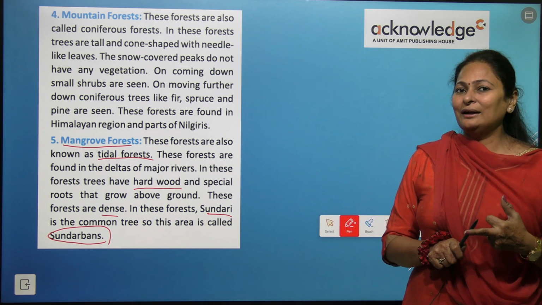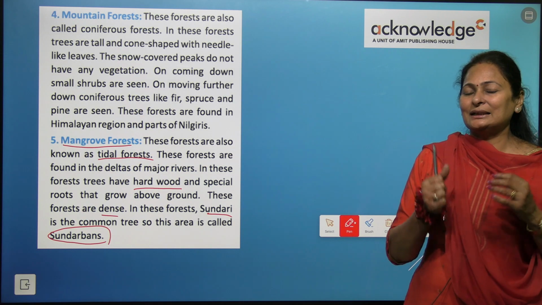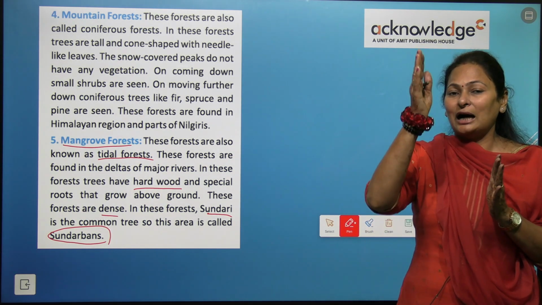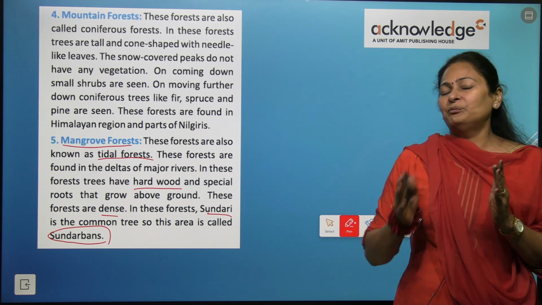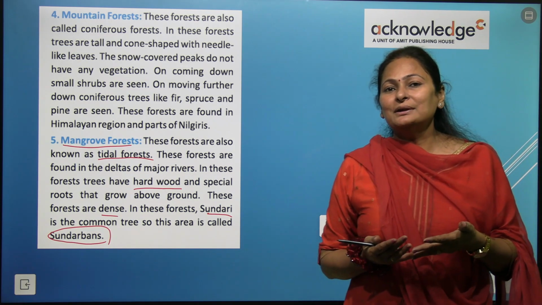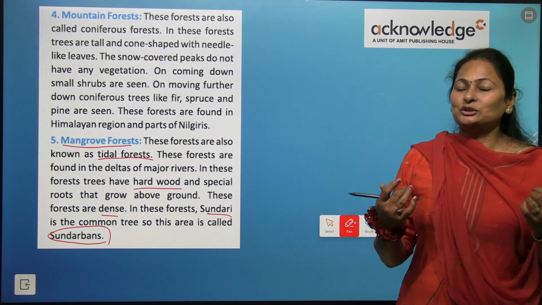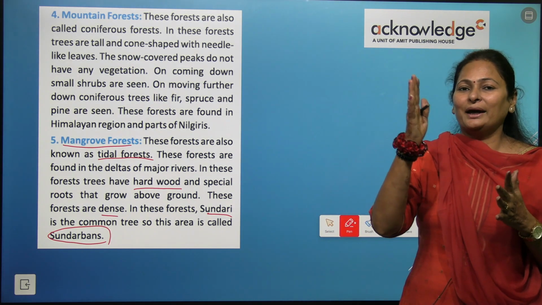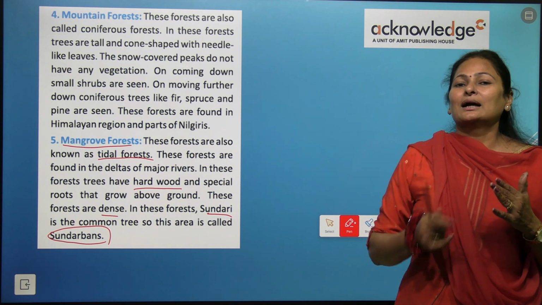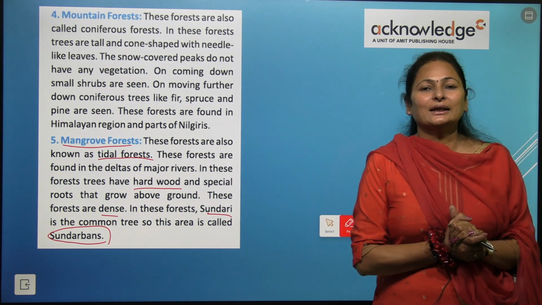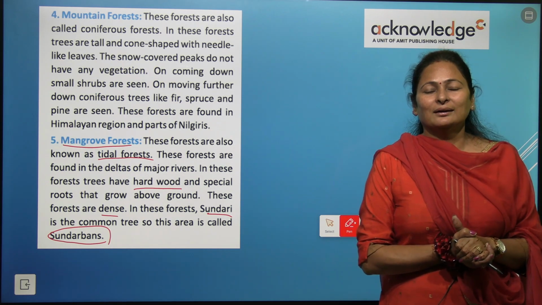The speciality of this forest is that the roots of these trees come out in an upward direction. This happens because they need air to grow, and that is why the roots grow upward. Have you understood, kids? Any doubt?